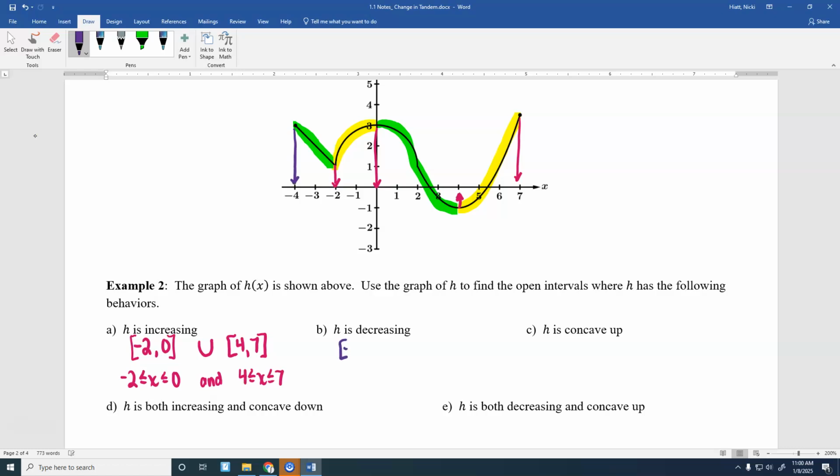You would go from -4 to -2, and from, again, up to the x-axis, 0 to 4. Or you can write it this way, -4 less than or equal to x less than or equal to 0, and 0 less than or equal to x less than or equal to 4.